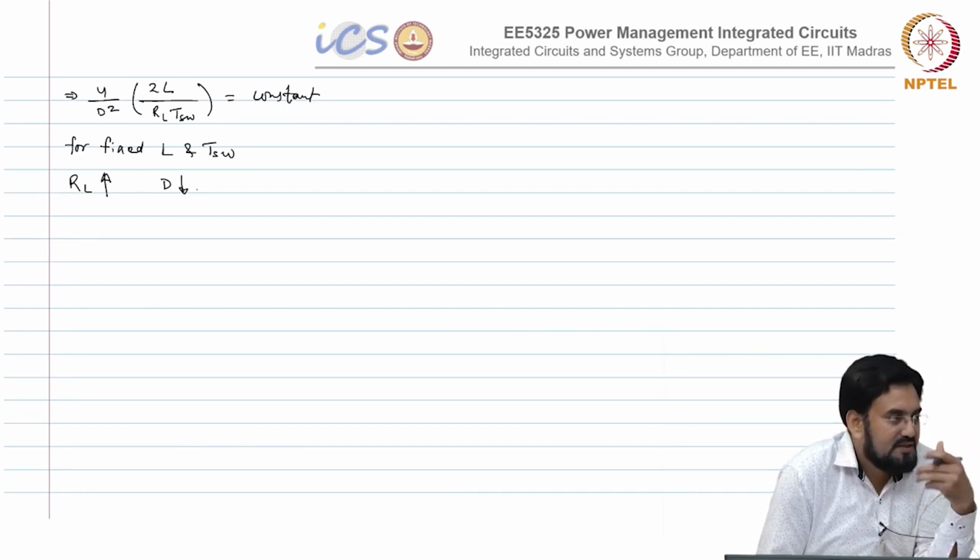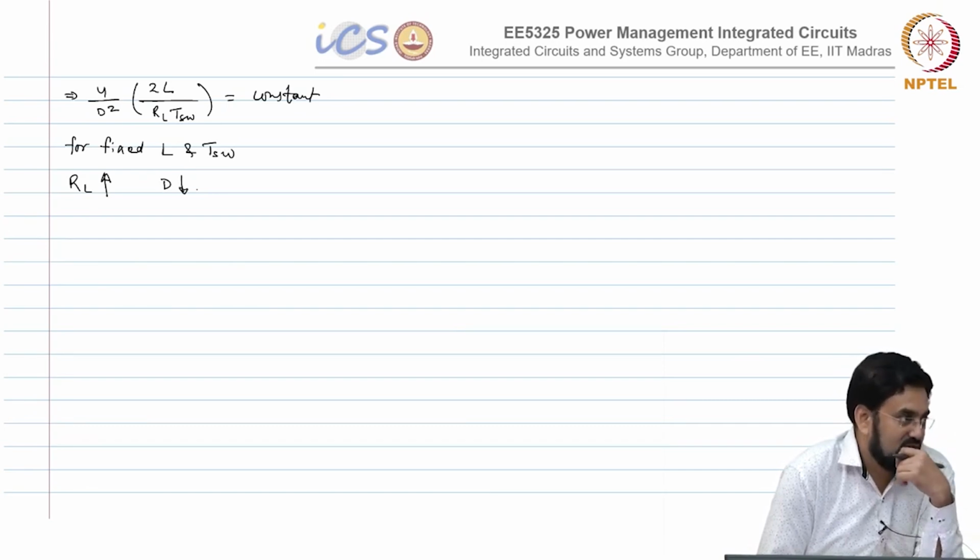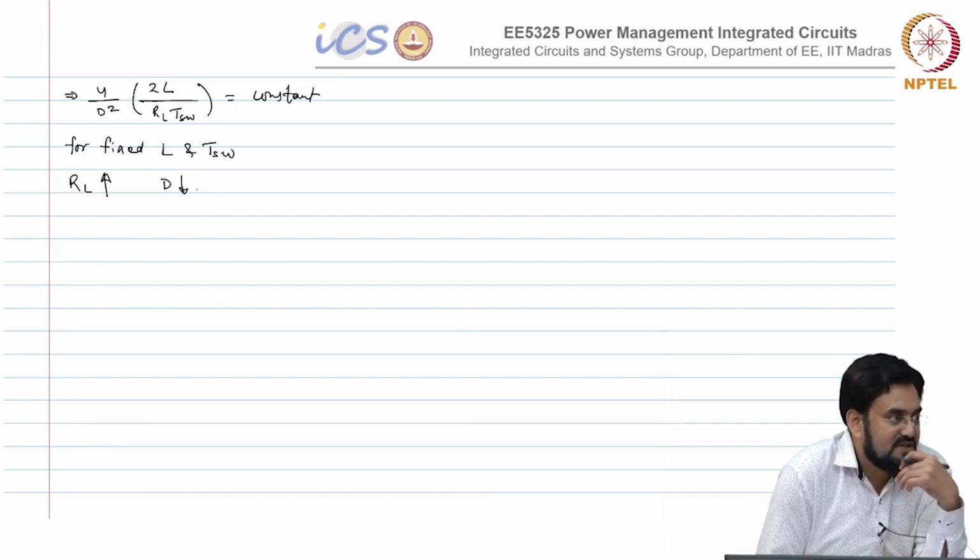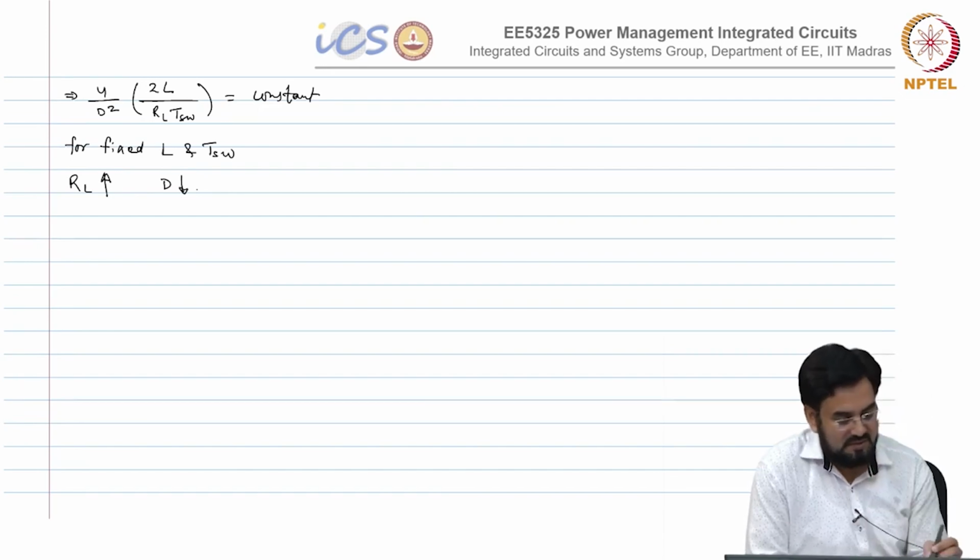But here it has to change by square actually. So, it is a very strong function of your load current. So, let us say in the DCM your load current becomes half. So, D has to change by 0.25 times, 1/4 of the current duty cycle in order to regulate.